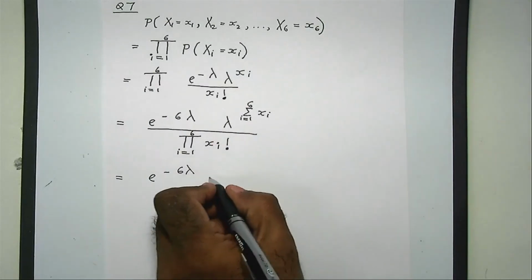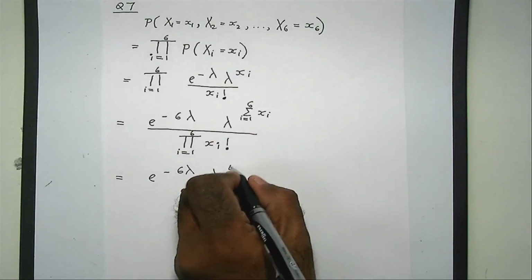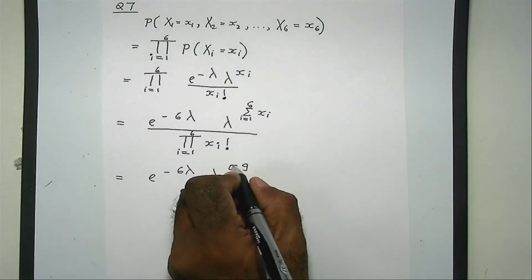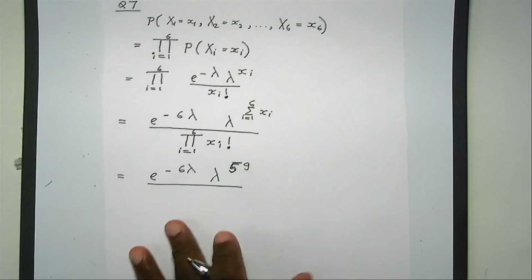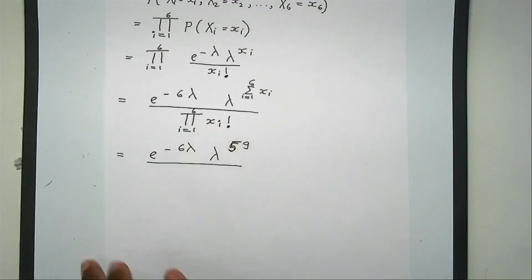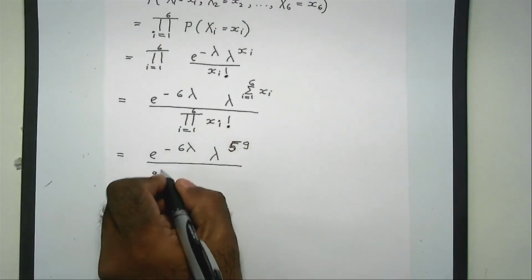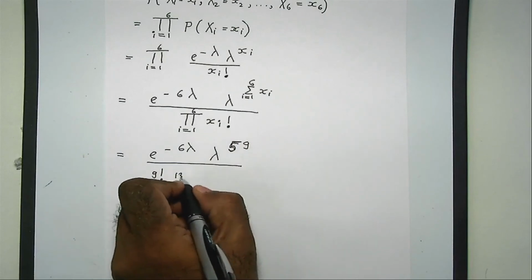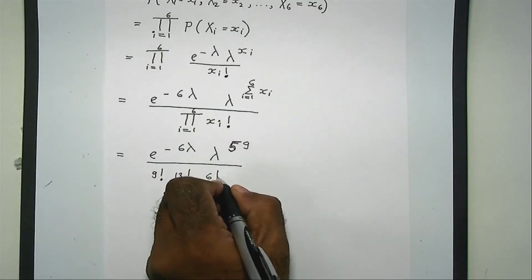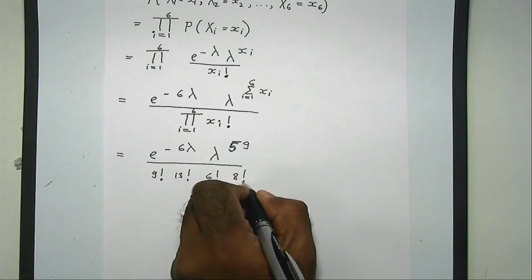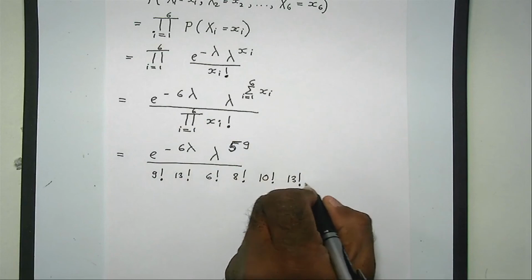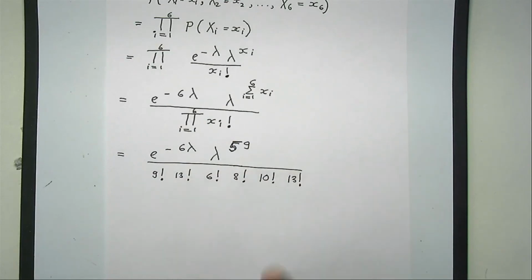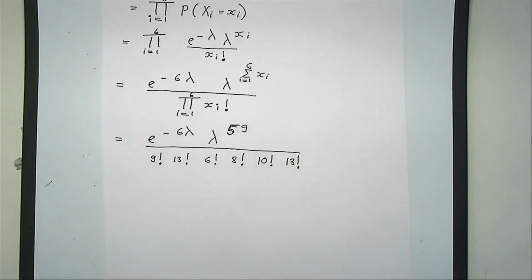So this is lambda to the power 59, divided by the product of xi factorial, which are 9 factorial, 13 factorial, 6 factorial, 8 factorial, 10 factorial, 13 factorial. So this is the joint probability for the given random sample.